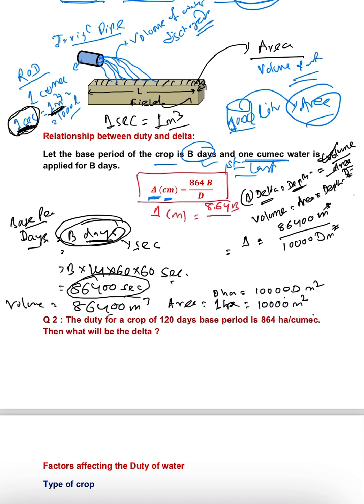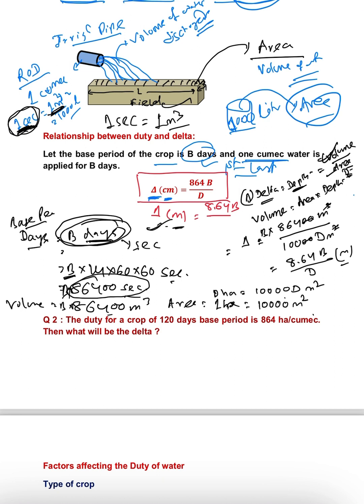So it will be cancelled. Now the 100 is there in the denominator, so duty will be 8.64. And B days is there, so this is B into 8.64 divided by D, and the unit will be meter.